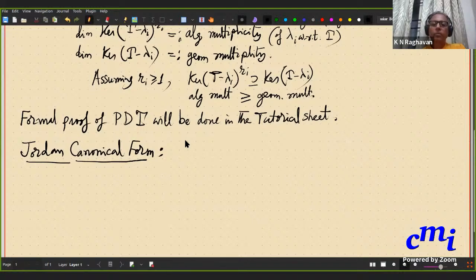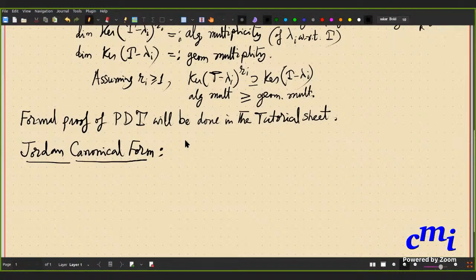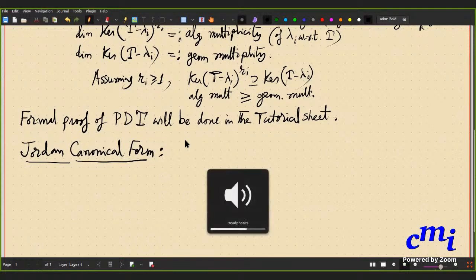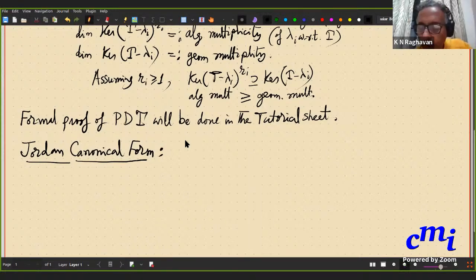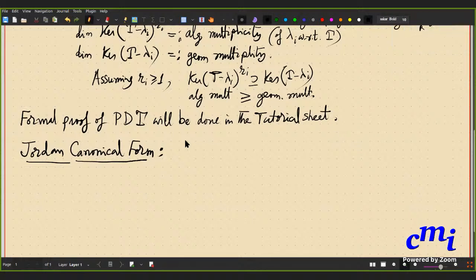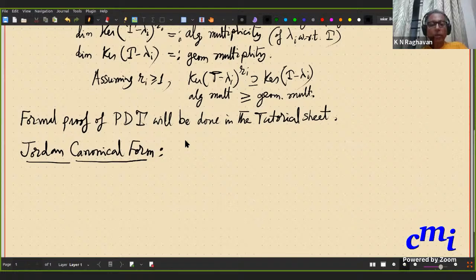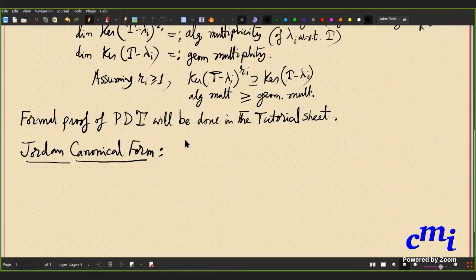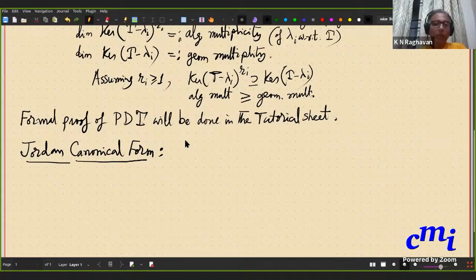We define an equivalence relation on the set of all linear transformations. Yeah, very good. And to identify the unique representation of the equivalence class, we need Jordan canonical form. Very good. Excellent.